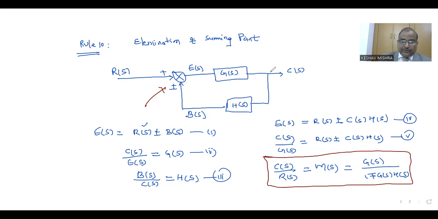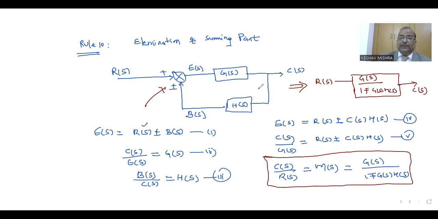So this closed loop arrangement can be replaced in this way. R(s) is input, transfer function is G(s) upon 1 minus G(s) H(s), and output is C(s).